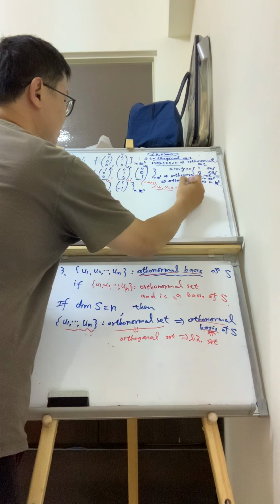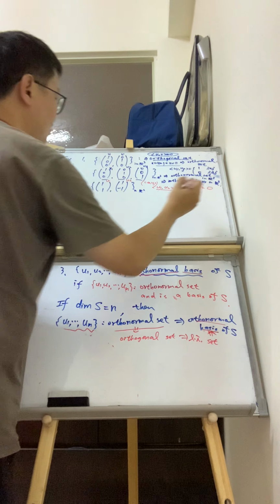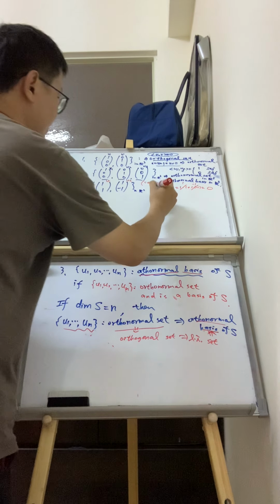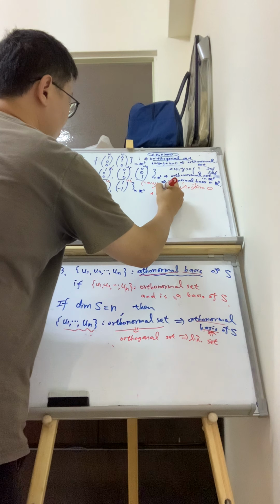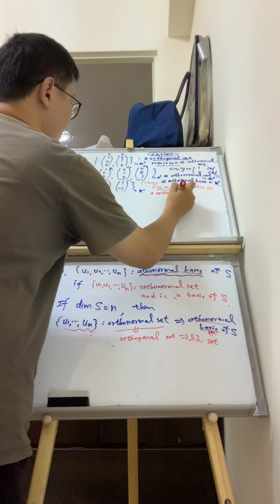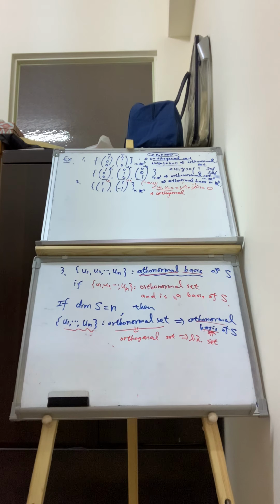So it's 1 minus 1, which is 0. So it means that indeed they are orthogonal. So it's an orthogonal set. These 2 vectors, u1, u2, are orthogonal.